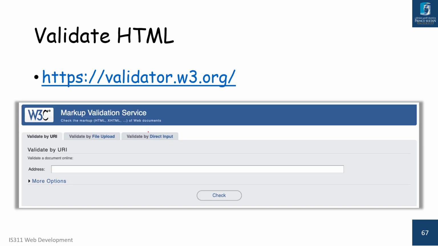And the last thing in this lecture is the validator. If you want to validate your code, remember that we have an extension in VS Code that will help us check whether our code is valid or not. But we can also copy our code and either upload your file using this link, or use direct input.